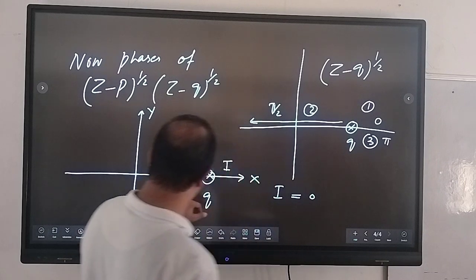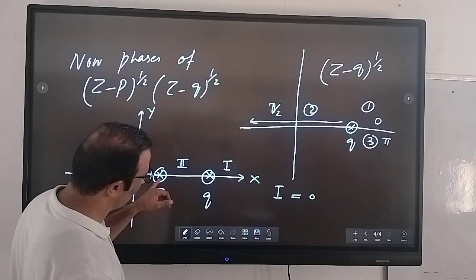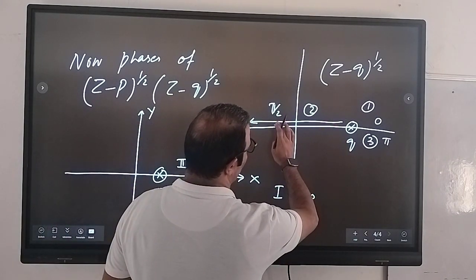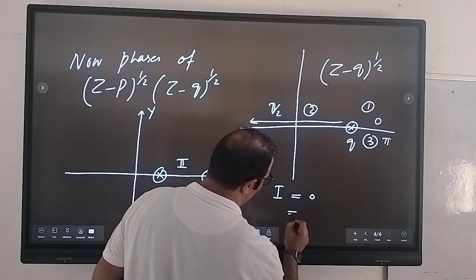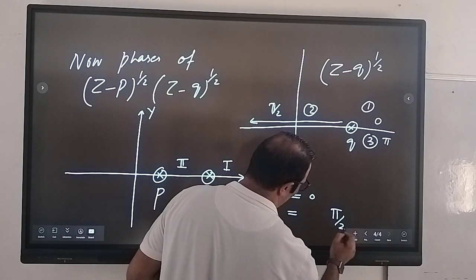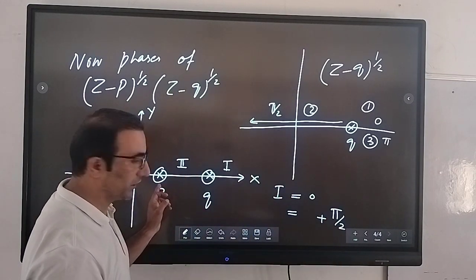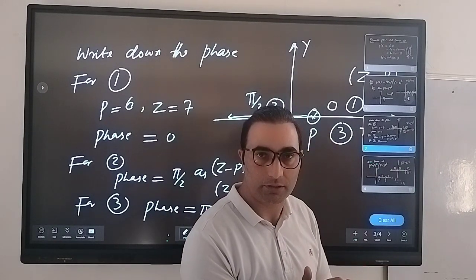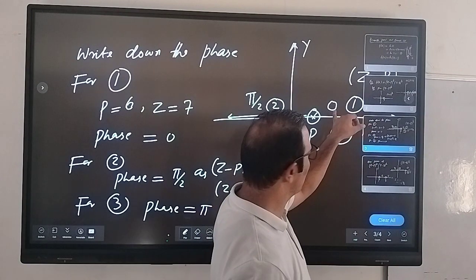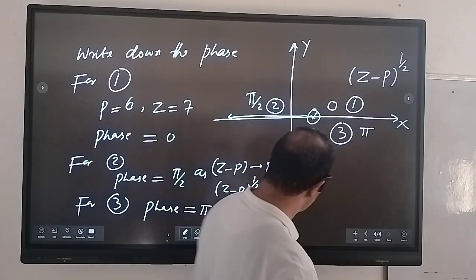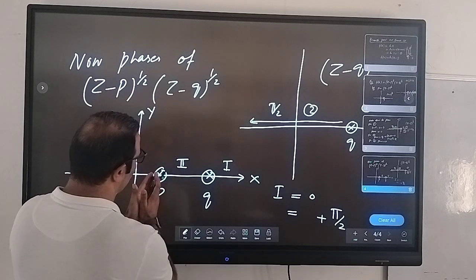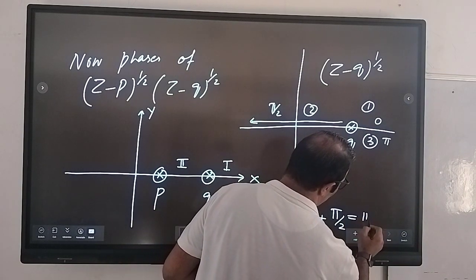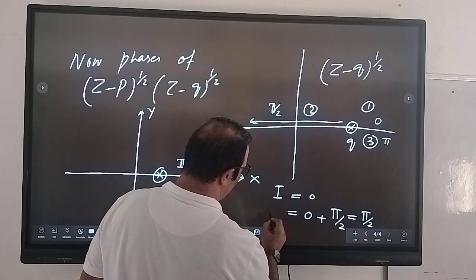So for q, how much will the phase change? It has to change by pi by 2, so that will be pi by 2 from q, plus the phase from point p. If we check point p here, point p comes to the right of this, right? So on the right side of point p there is no phase change, the phase is 0, so it will be 0. So the total phase change will be pi by 2, right? So this is for the second region.